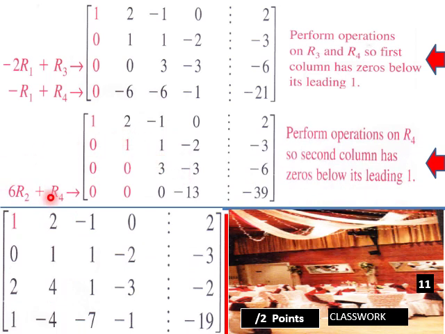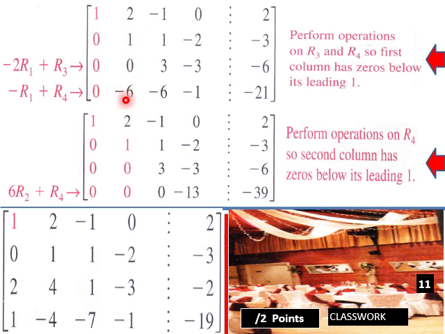We're going to go 6 times row 2 plus row 4. So 6 times row 2, this is what we have here, which would be up here, plus row 4.